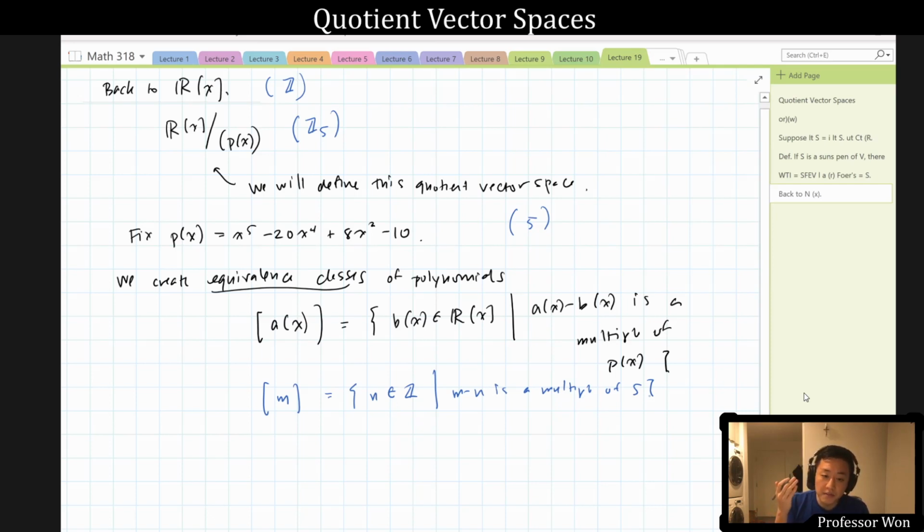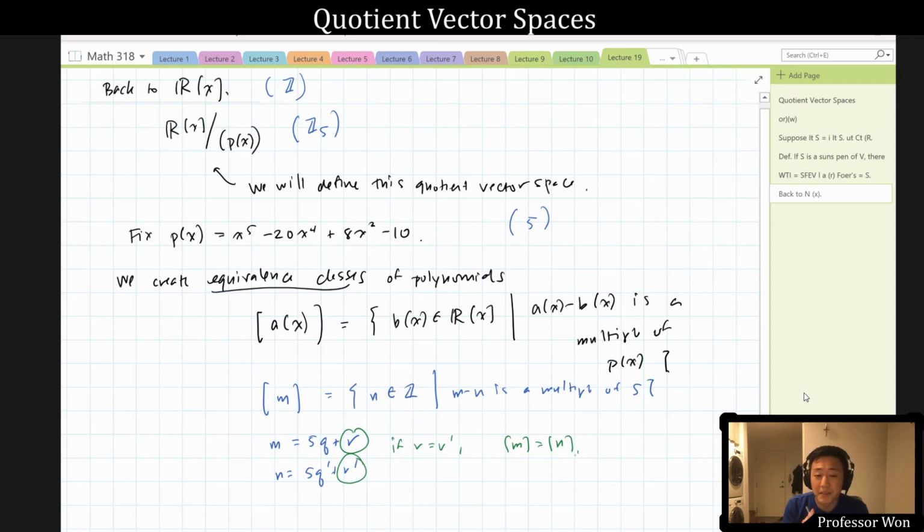You can just divide m by 5 and divide n by 5 and see if they have the same remainder. So if m equals 5q plus r and n equals 5q' plus r', and if r equals r', then m and n will give you the same equivalence class.